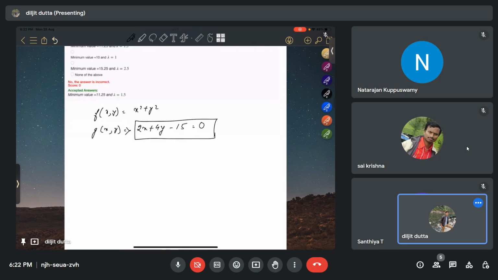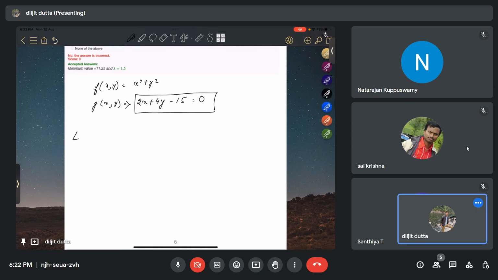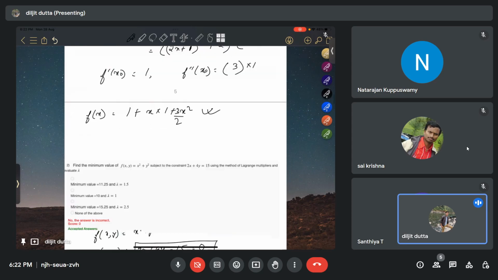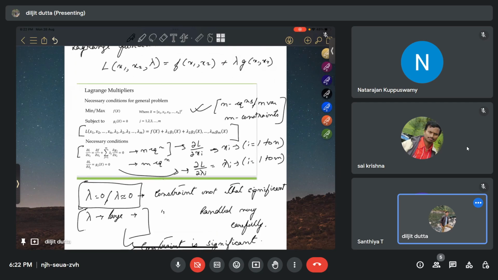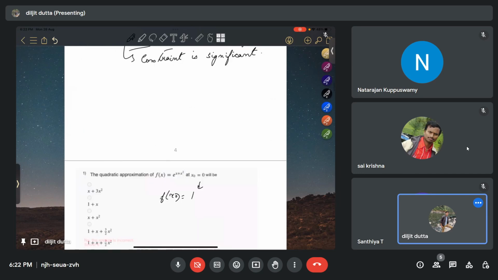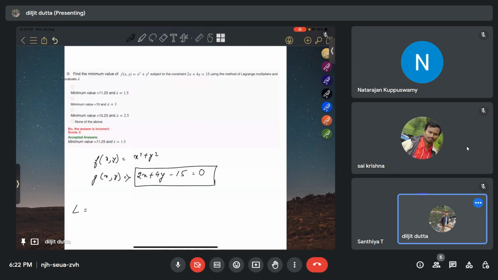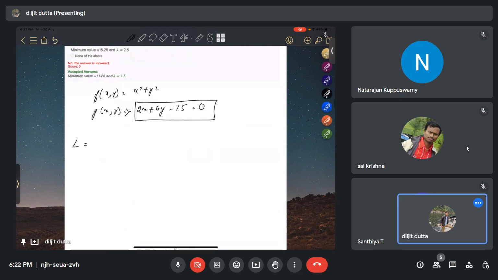Now we will write the Lagrange equation. What is the Lagrange equation? The Lagrange equation is this one, f of x plus lambda 1 into g1 of x. So y squared plus lambda into 2x plus.